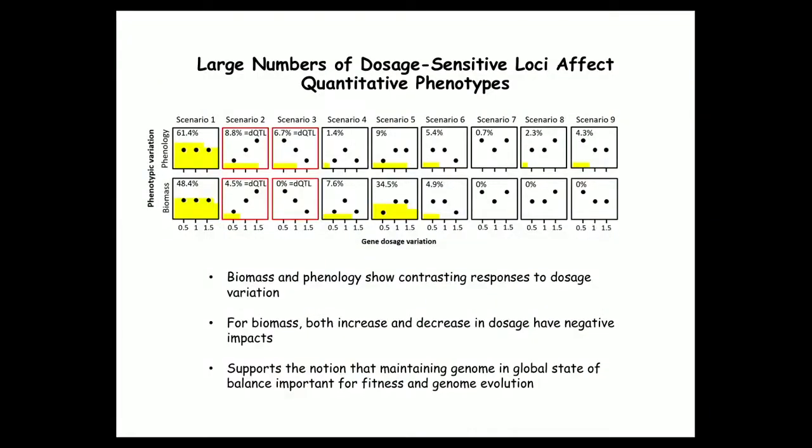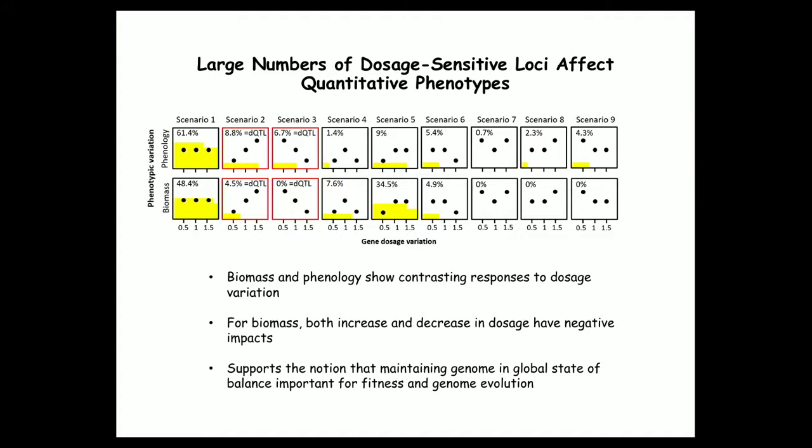This is another way that we summarized these data. So these little dice plots are showing you what's happening in bins under different scenarios for phenology traits on the top and biomass on the bottom. This is gene dosage along the x-axis, so deletions, unaffected, and additions.